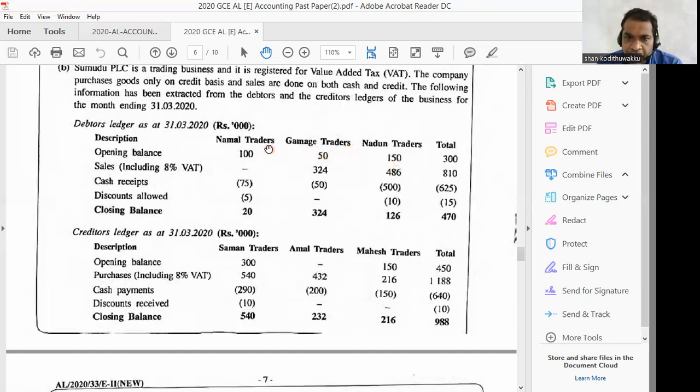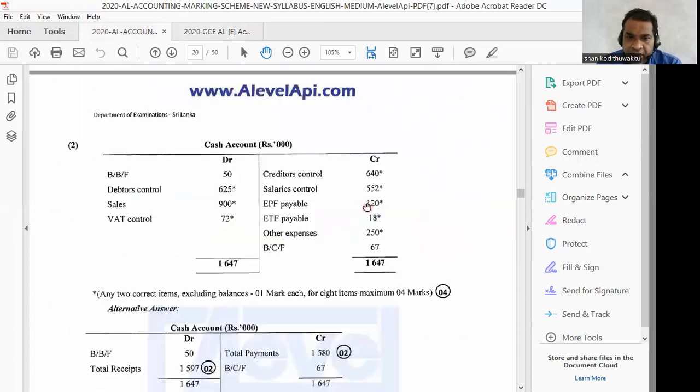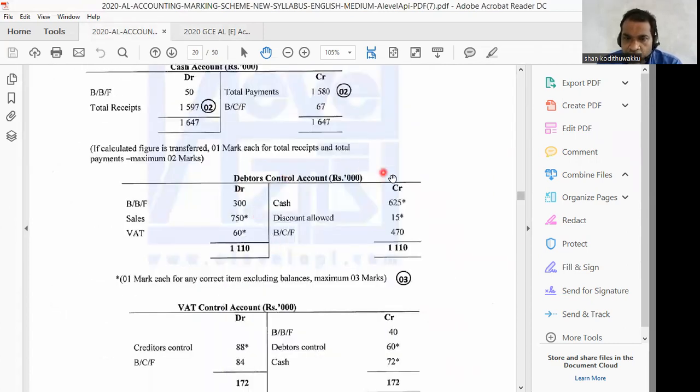Then we maintain a control account to represent individual debtors. Therefore, we don't prepare these personal accounts, we prepare only the debtors control account, then the total is 300. Then we can mention the total in the debtors control account.